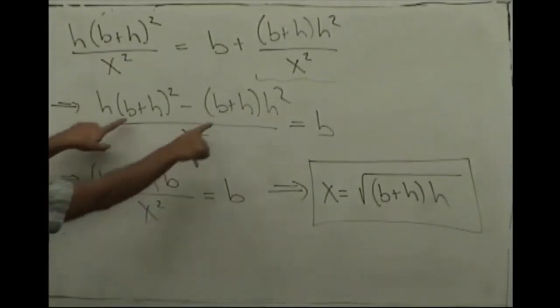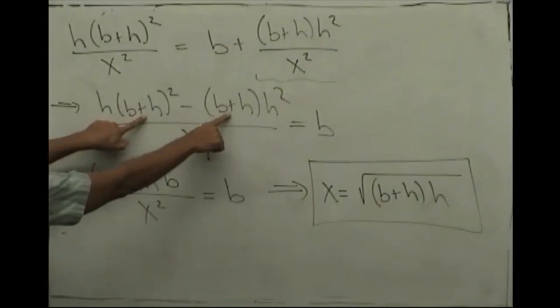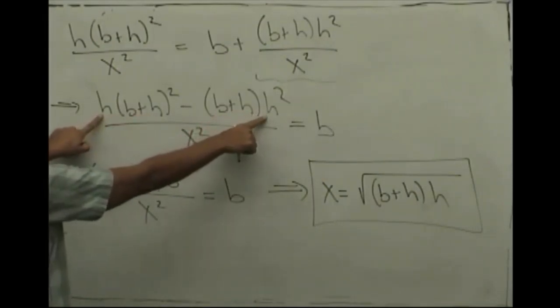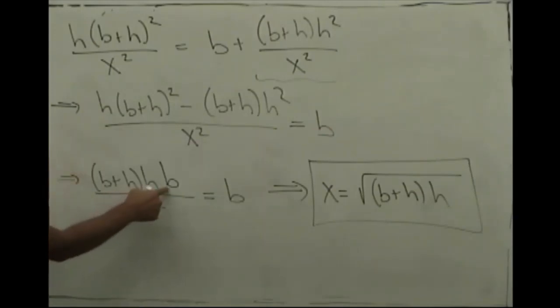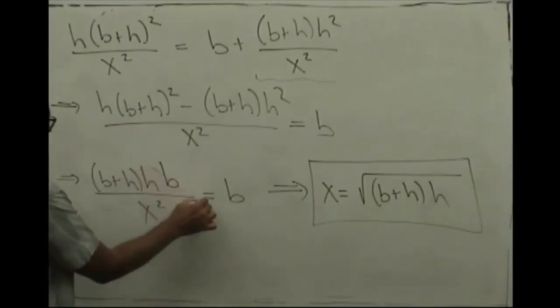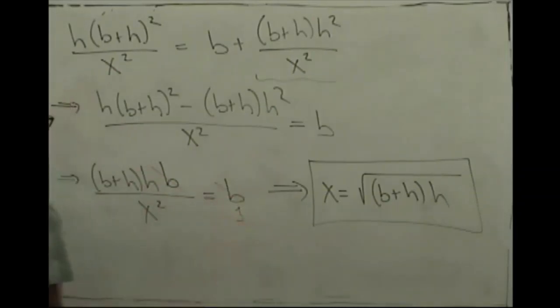So here I can factor out a b plus h, and I can also factor out an h and then combine like terms. So when I simplify this thing, it just becomes b plus h times b over x squared is equal to b. So now, if you like, you can cancel the b's and you're left with a 1.